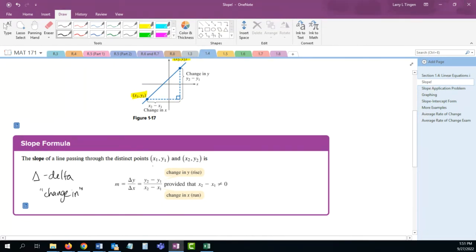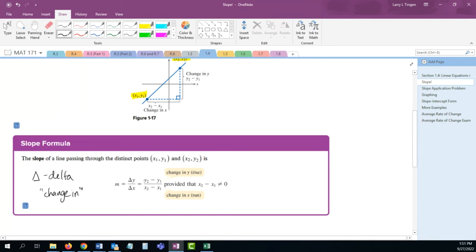Notice that the x and the y have subscripts. That is just to indicate that whatever point you let be x1, y1, whichever one you let be x2, y2, the location matters.